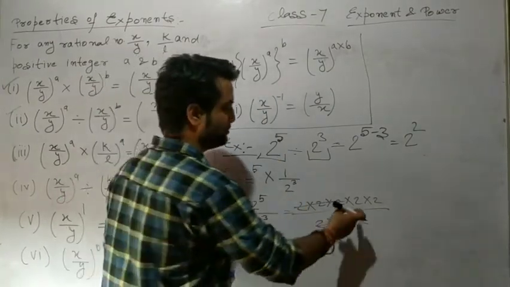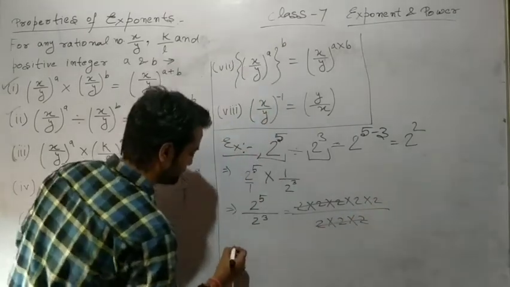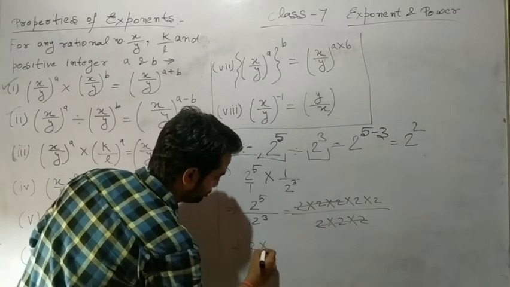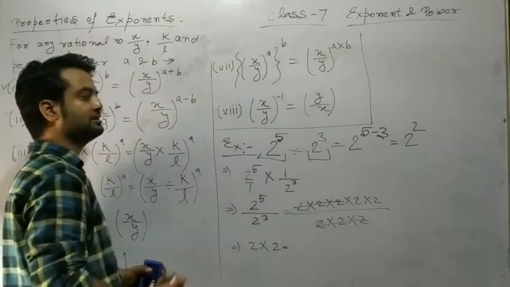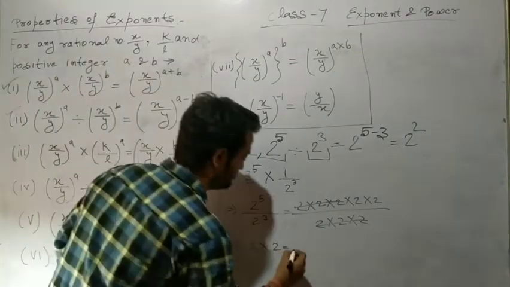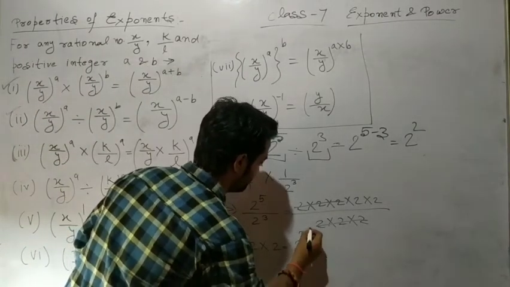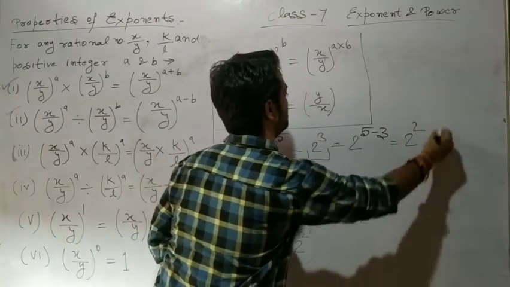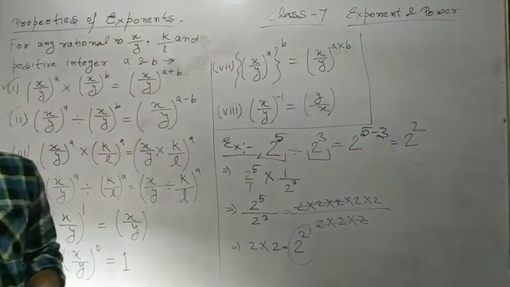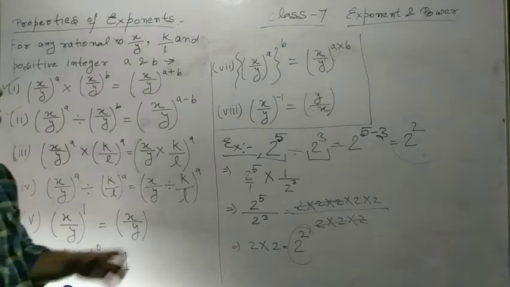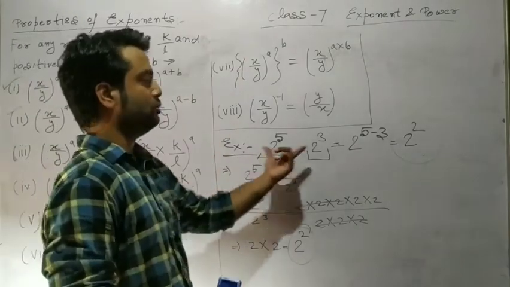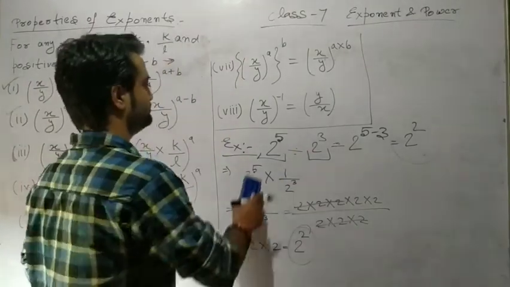What is left? Two 2's are left. It can be written as 2 into 2, and in exponential form, it is 2 raised to the power 2, which is the same as our answer by the property. So it is clear that this property holds good for rational numbers.